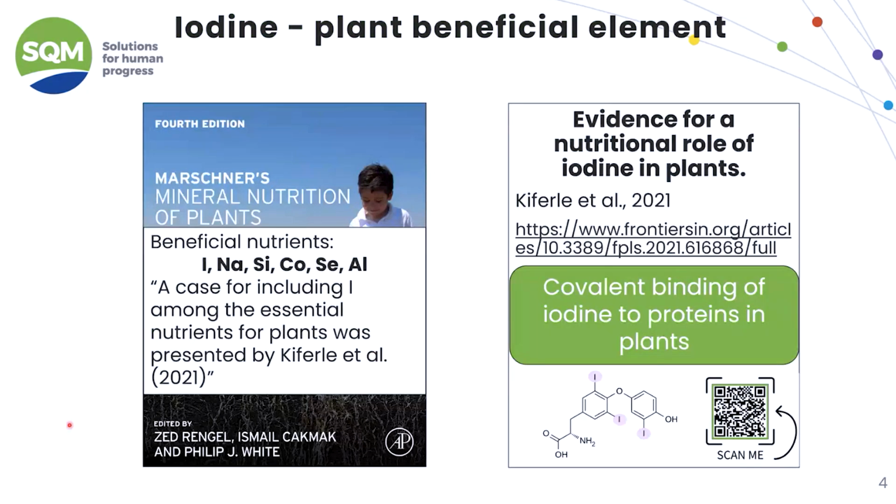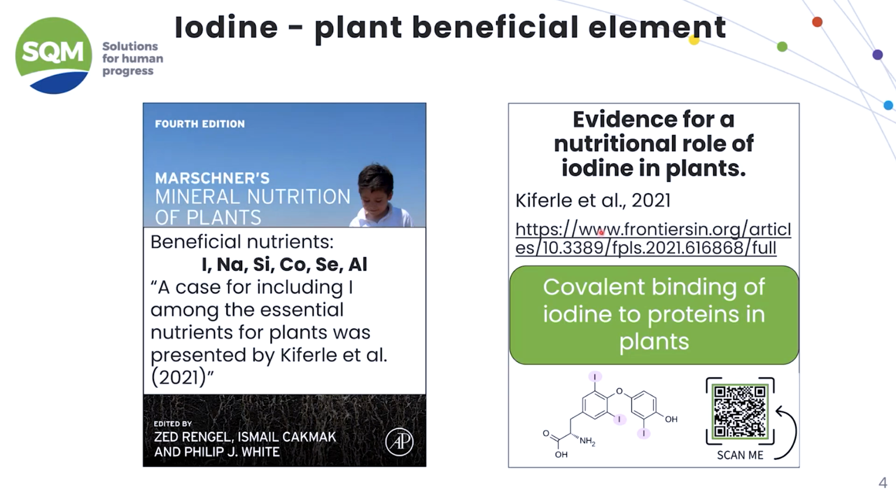Now, the case for iodine, why it's now included as a beneficial nutrient in this infographic, is that it's described by the new edition of Marschner's under a new chapter, really talking about the beneficial nutrients as part of the plant nutrient concept.